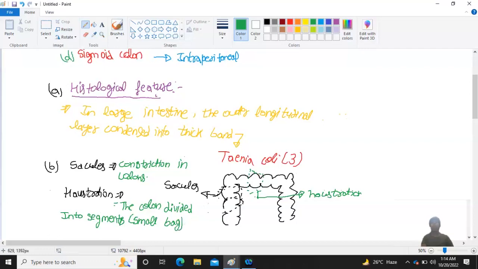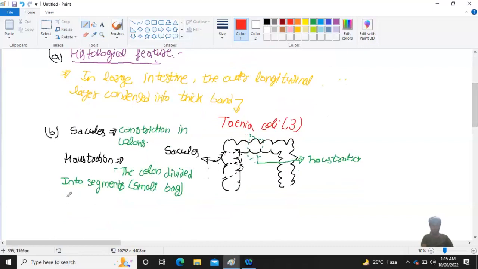The reason for this haustration is the sacculation. Sacculation is the main reason due to which haustrations are created. So we can write: haustrations are produced due to sacculations. So these are other features.